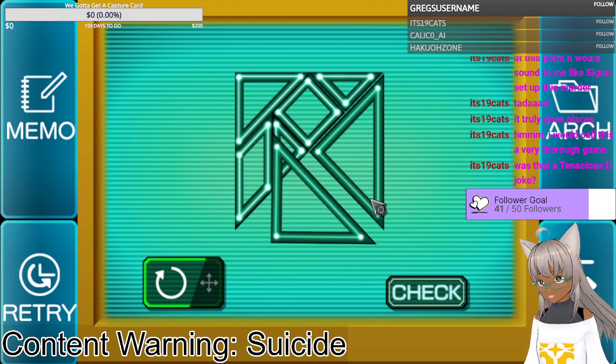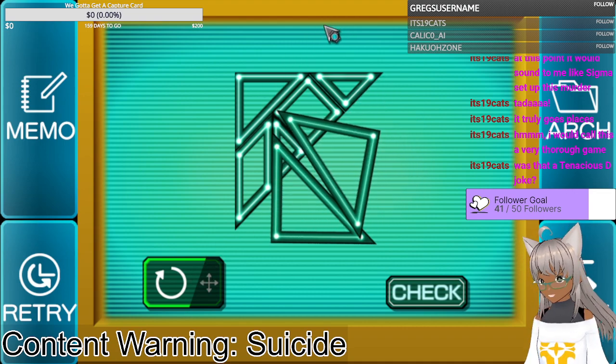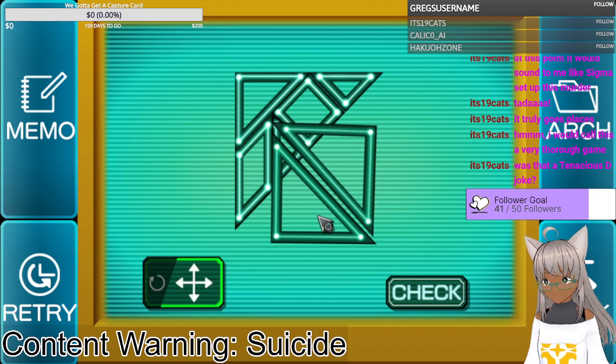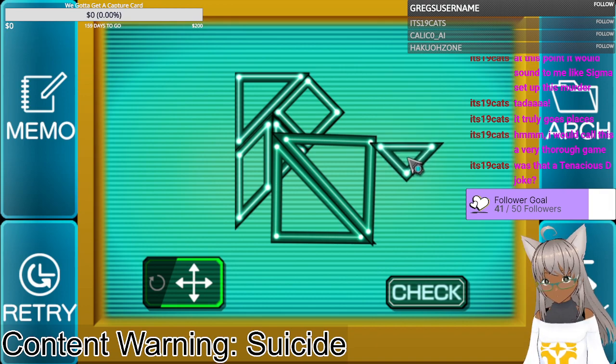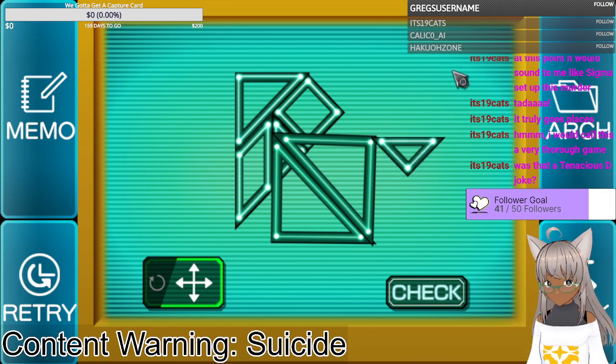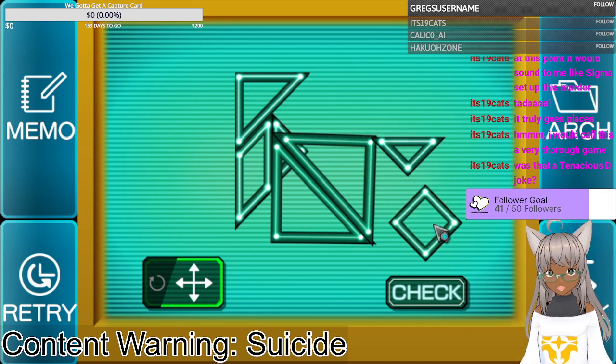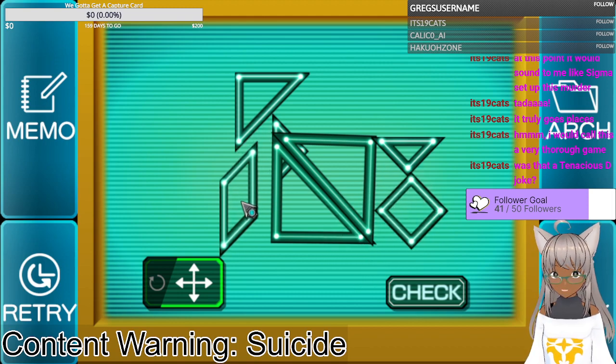These two big right triangles, and make a square with them. Then I wonder how precise this one is. I hope it's not very.